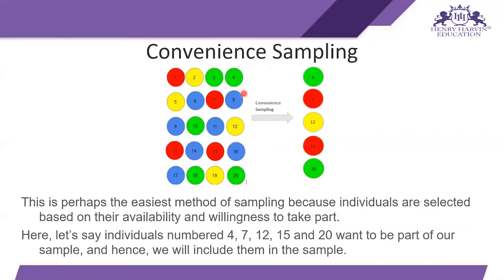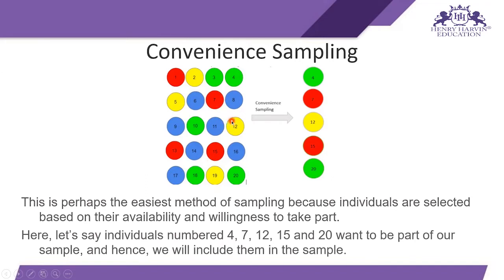Next comes convenience sampling. This is perhaps the easiest method of sampling, because individuals are selected based on their availability and willingness to take part. Here, let's say individuals numbered 4, 7, 12, 15, and 20 want to be part of our sample, and hence we include them in the sample. So here, as you can see, I just take 4, 7, 12, 15, and 20.